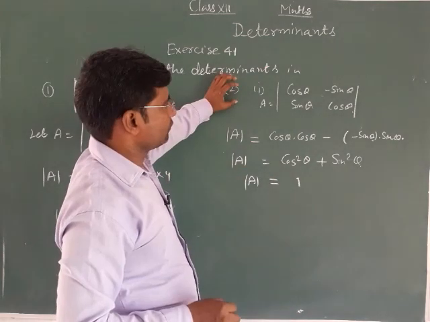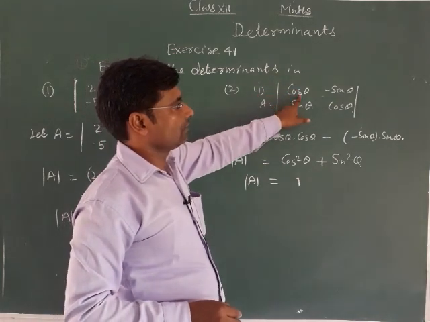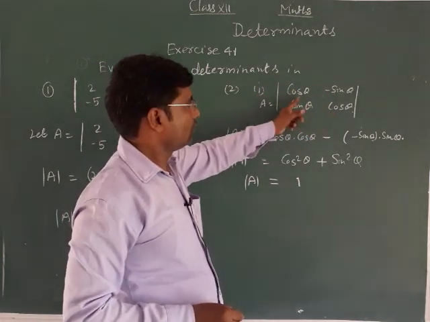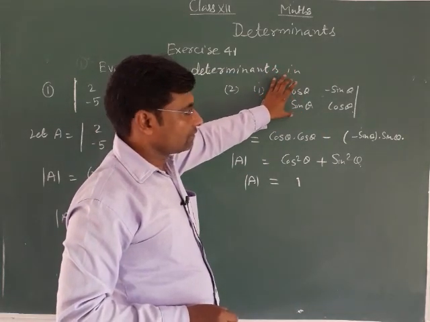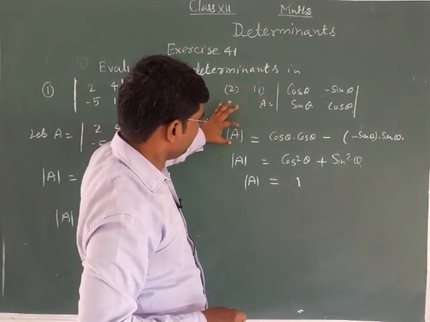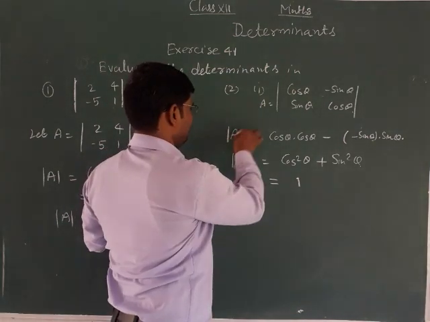So given question 2 first part, the determinant of elements cos, minus sin, sin, cos. How do we calculate its value?